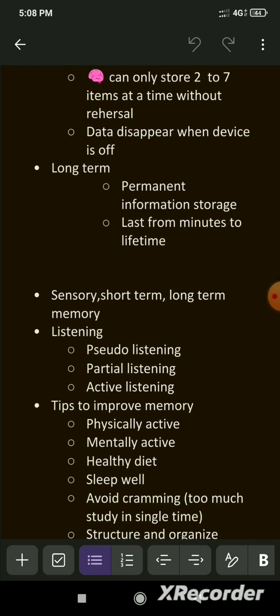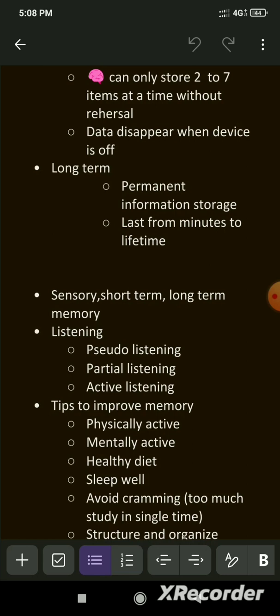And the memory is classified into three types: sensory memory, short term memory, and long term memory. The sensory memory, we already covered short term and long term memory. The sensory memory is based on sensory information, like sights, sounds, smells, the stimuli input.